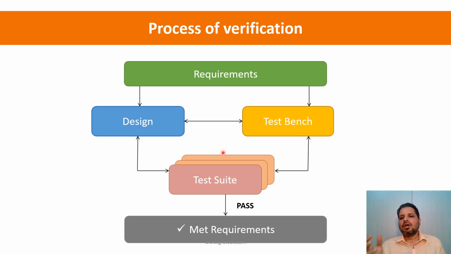And the test suite uses the capabilities to perform different scenarios, the complex interaction between various features, and we run this test suite to test all the flavors and the configurations of the design. And once all of that is done, we say that whatever we started off with has been met, and hence the process of verification is complete.